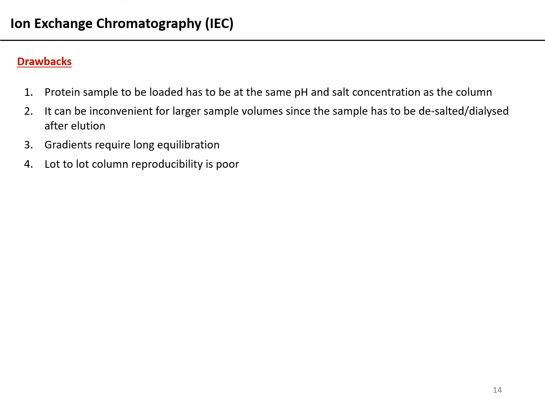So lot-to-lot reproducibility can sometimes be poor. But this is not a very major drawback because we will be using this method for analytical preparation of protein only. So this will not really make much of a difference under that scenario.